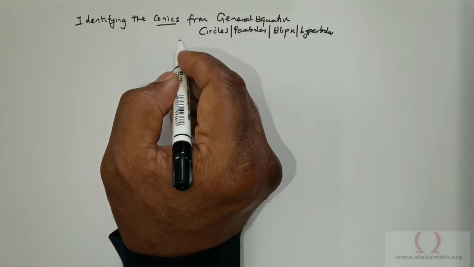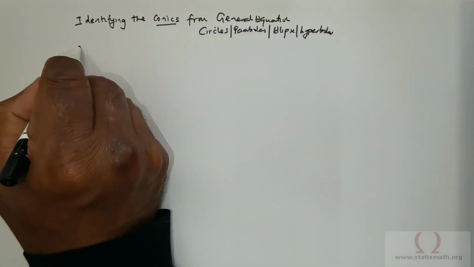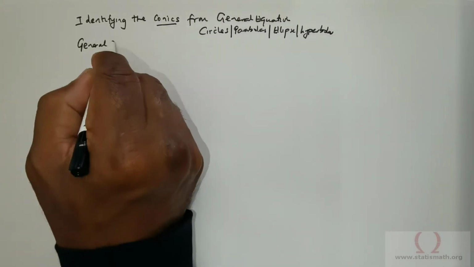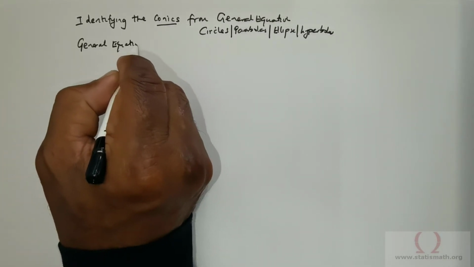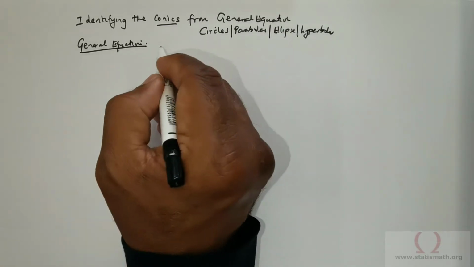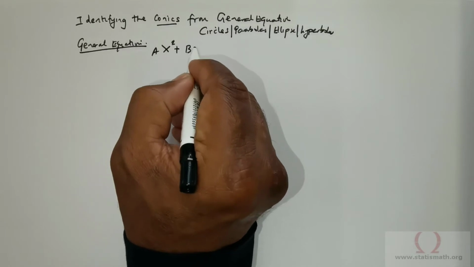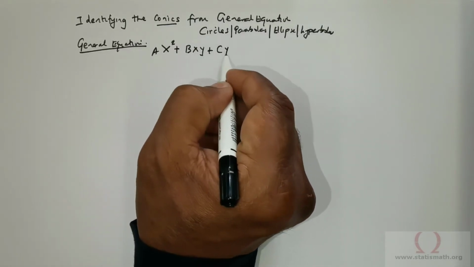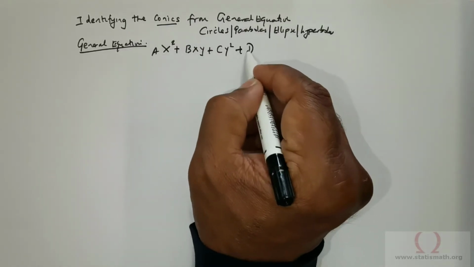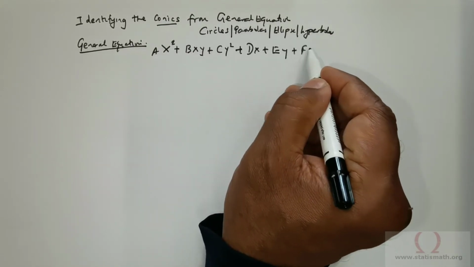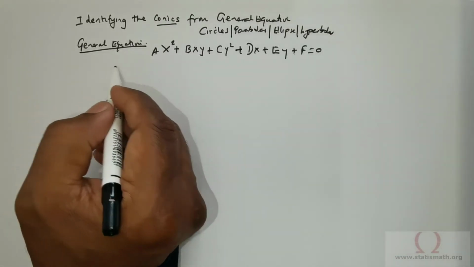Now it is imperative that when they give you the general equation of a conic, and this is the general equation of a conic, you should never forget this. It is written of this form: ax squared + bxy + cy squared + dx + ey + f = 0.